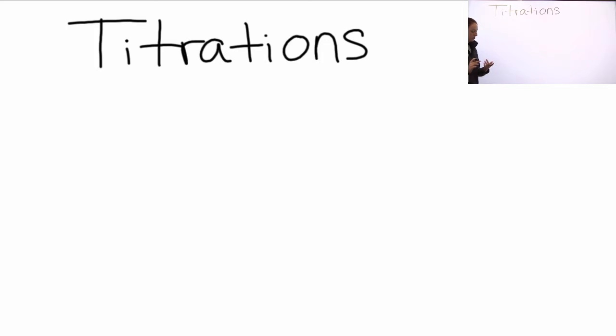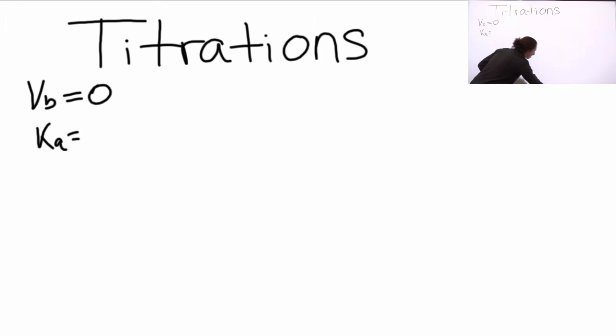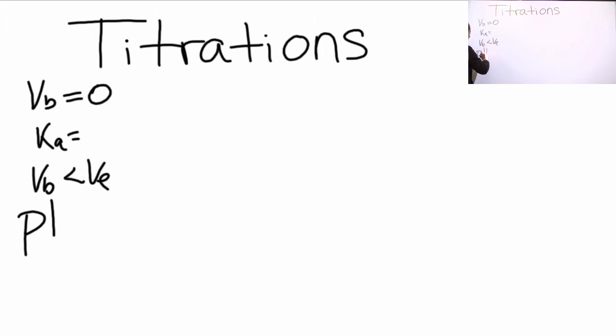So again, you're going to have a situation where your volume of base is less than volume equivalence. But first you're going to start with 0 base. So to calculate the pH, it's the same as in chapter 15. You can refer back to your book for that. It's a little bit more complicated, but you're ultimately going to be ending up using your Ka value to calculate pH. And then when your volume of base is less than your volume equivalence but greater than 0, you're going to use the formula.